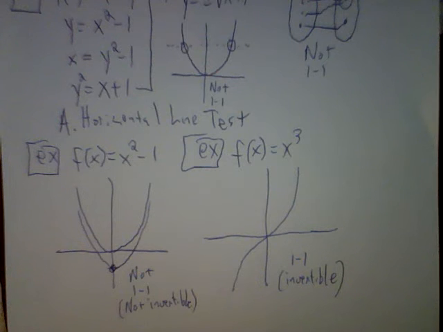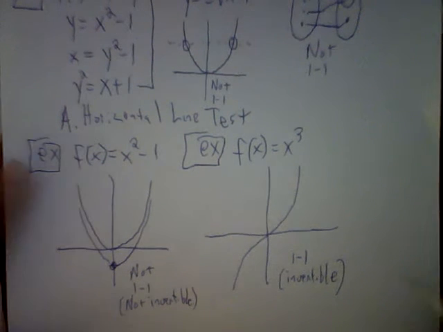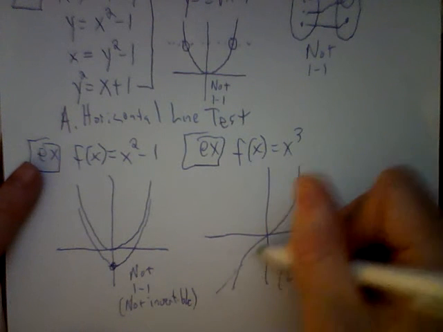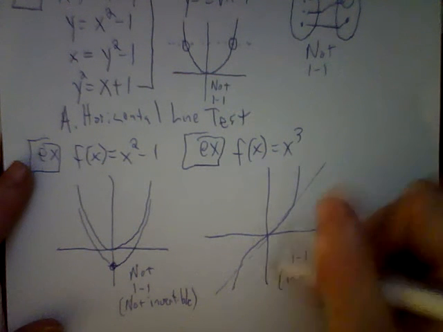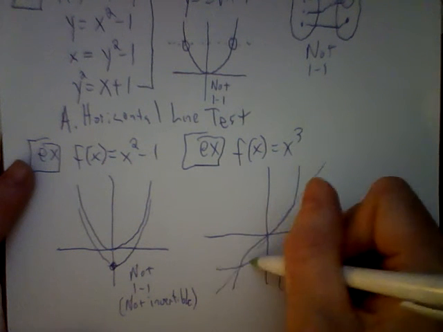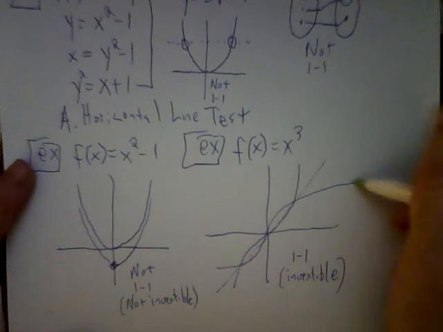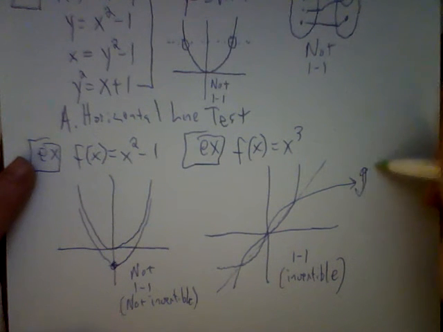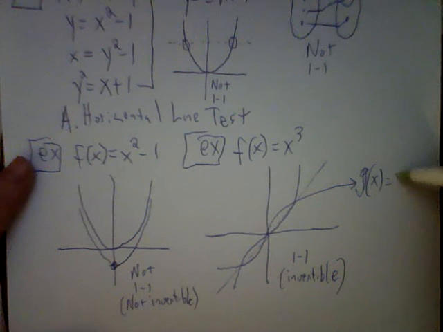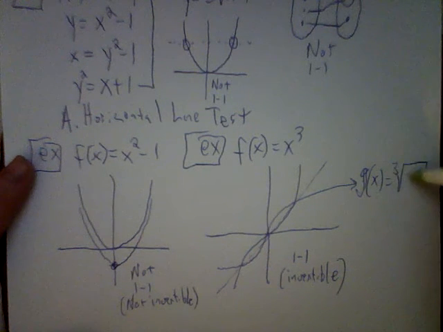Okay, so once you know it's invertible, to get its inverse function, all you have to do is rotate it about the diagonal. Okay, so this will look like this. And its inverse is the common function that we know, the cube root function. g of x is the cube root of x.